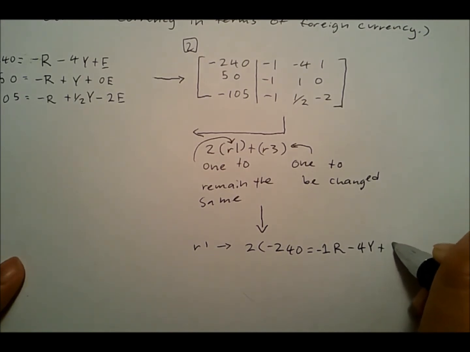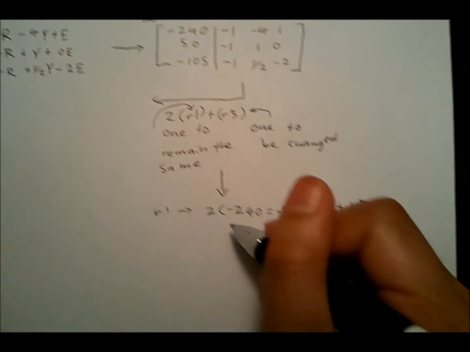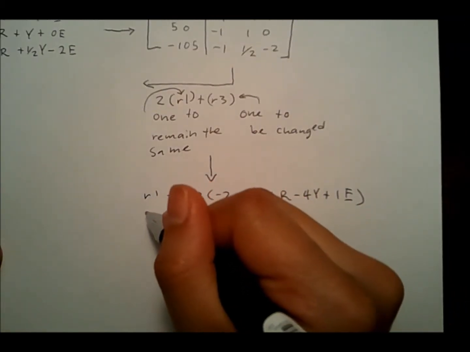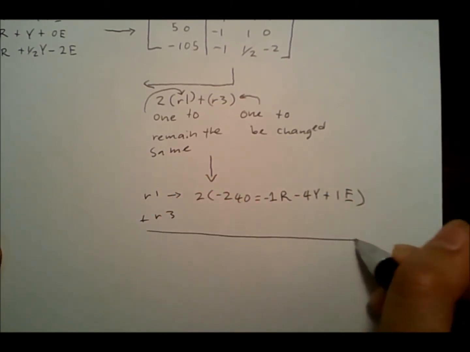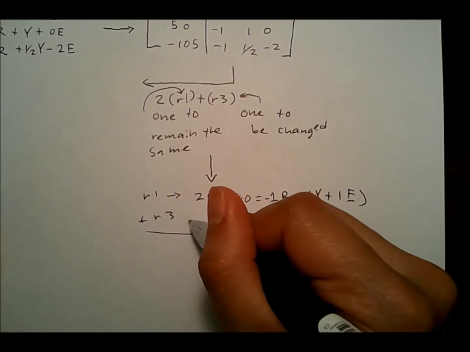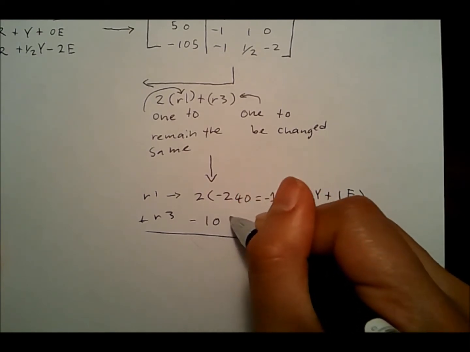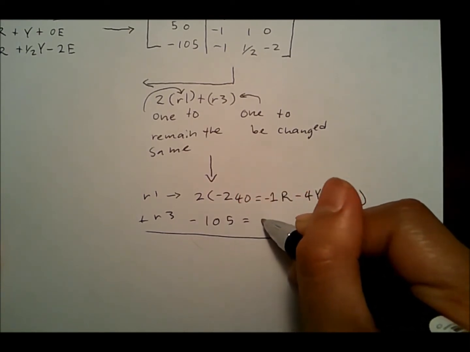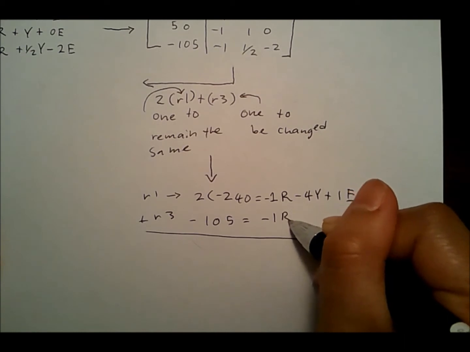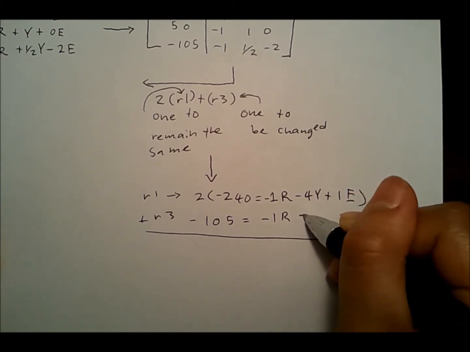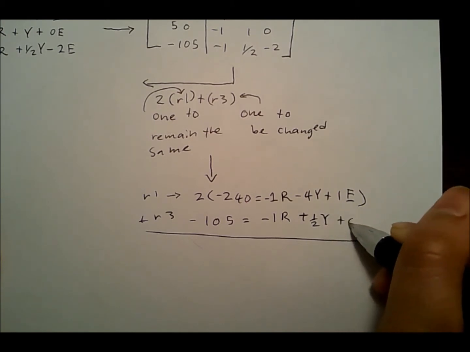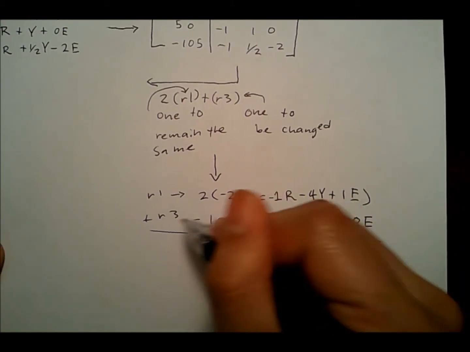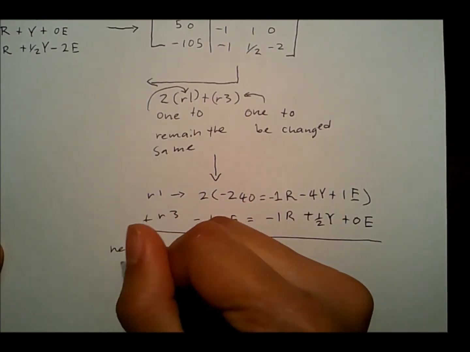And then we're going to add that to row 3. And this entire thing is going to be negative 105 equals negative 1r plus 1 half y plus 0e. Actually, that's an error. That should be negative 2.